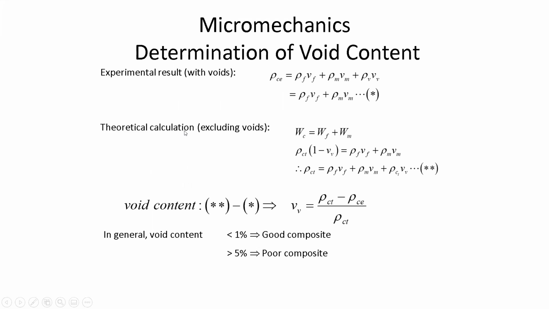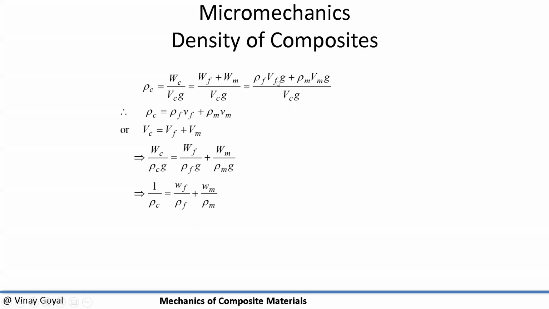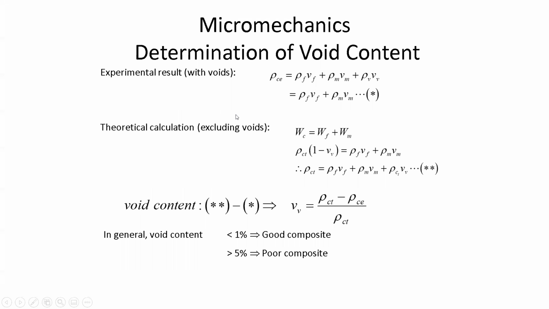So how do you determine the void content in a composite material? You have the density via experimental results. I'm going to expand this equation here and add the term for void fraction. So what is the theoretical calculation excluding void?